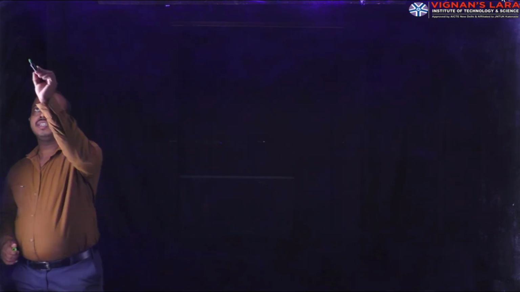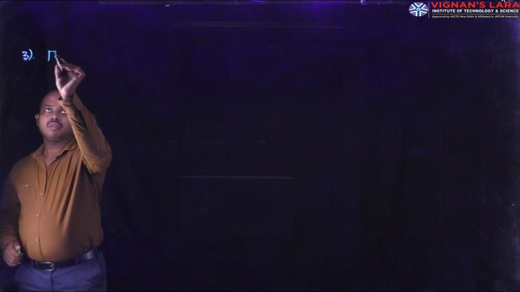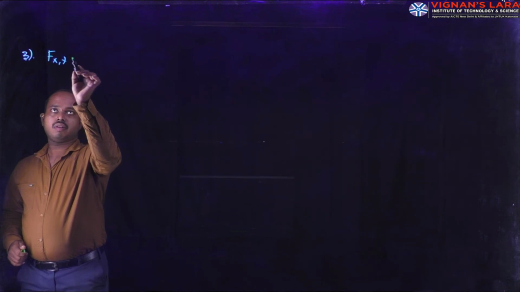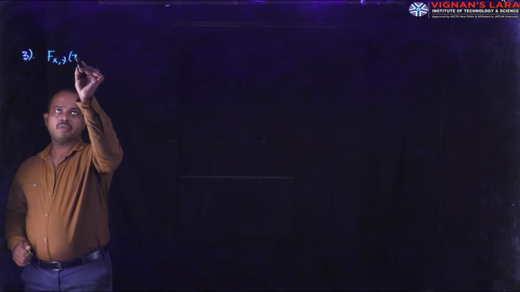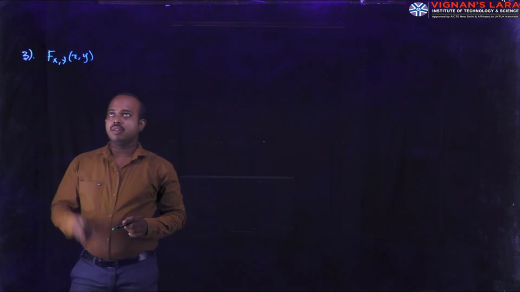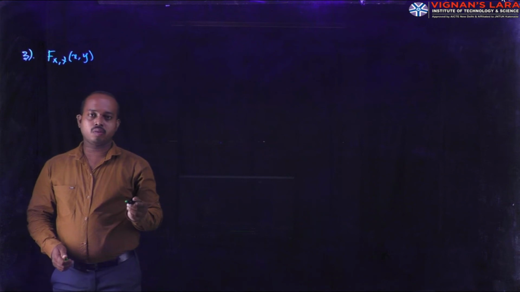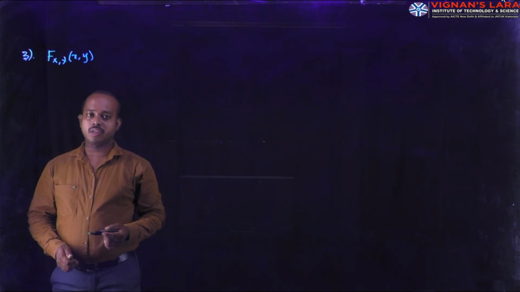Coming to the next property. The third property is F_{X,Y}(x, y). In this relation, you can make one value infinity and find the other value.